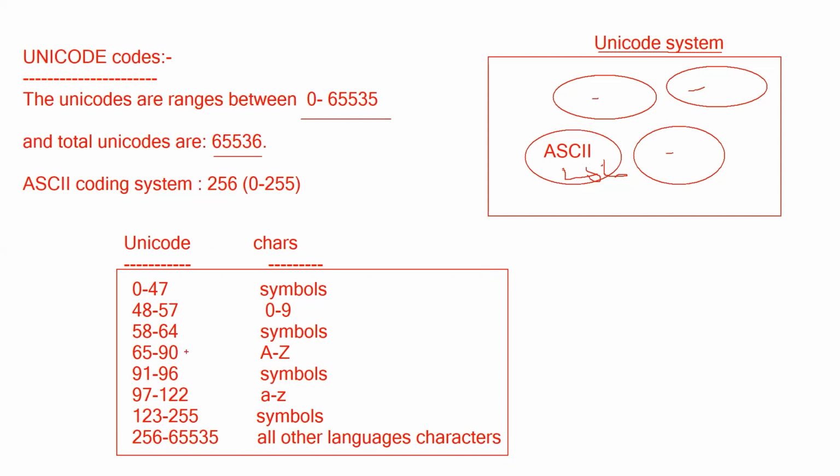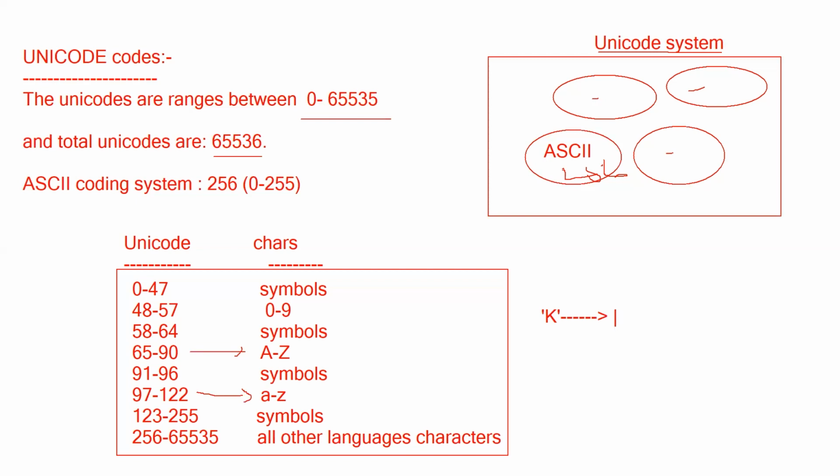For example, A to Z is 65 to 90, small a to z is 97 to 122. Suppose you have the letter K. How is K stored in the computer memory? What is the Unicode for K?